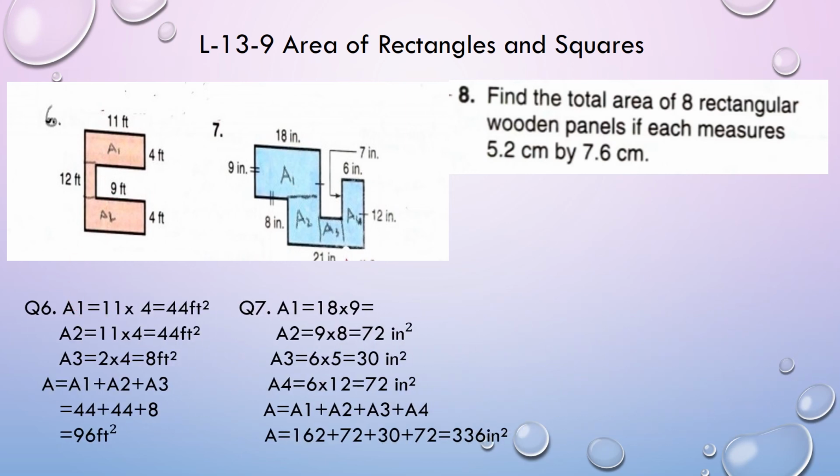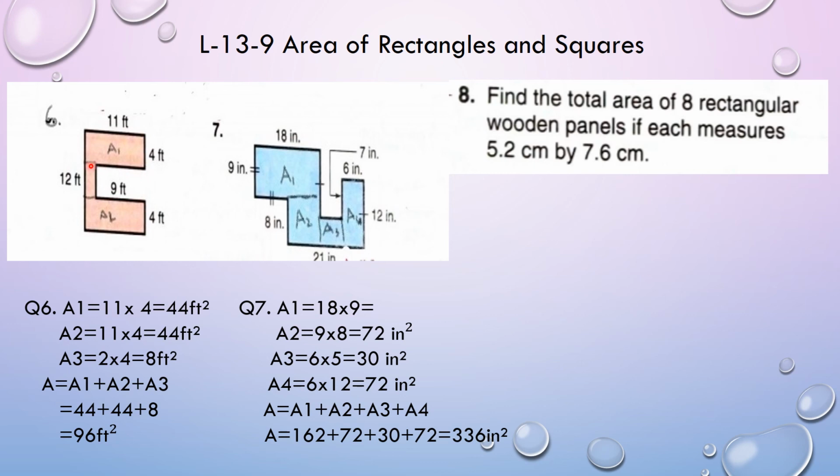This area 1 is 11 into 4, 44, and this one is also the same, 11 into 4, it is 44. What is A3? This part is your 4, and in this one you can see this all together is 11, and this part is 9.